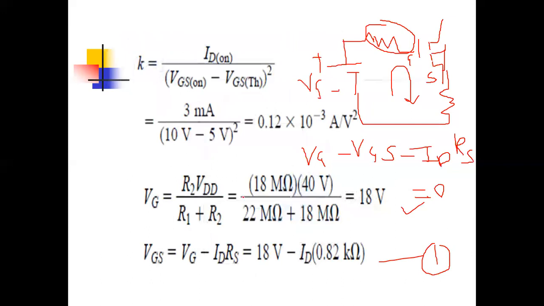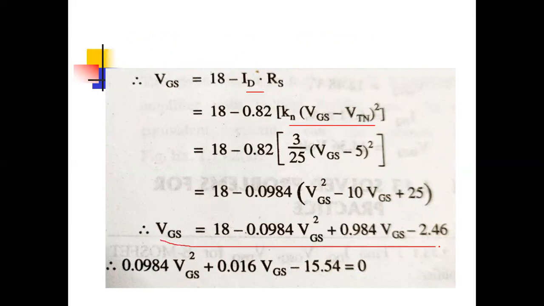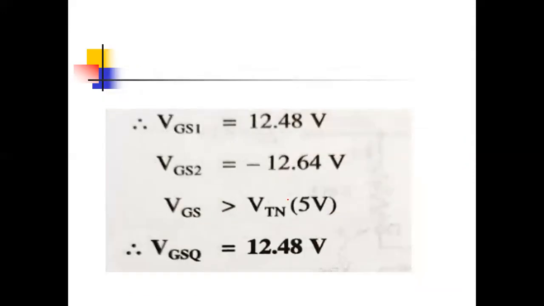Now VGS equals 18 minus ID into 0.82K. In this equation, we put the formula of ID and the value of VT, so the equation of VGS becomes quadratic. There are two methods: either put VGS in the equation of ID, giving a quadratic equation of ID, so you find ID first and then VGS; or put the value of ID in the equation of VGS, so you find VGS first and then calculate ID.